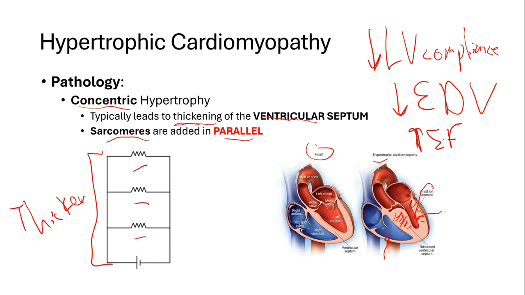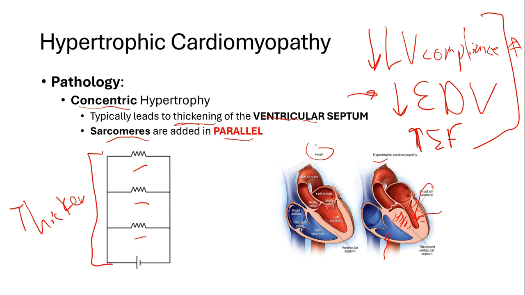That is how we get the terminology HFpEF, or heart failure with preserved ejection fraction. However, because the total volume that the heart is able to hold, because the end diastolic volume is decreased, the actual amount of blood that is ejected may still be low, and this leads to the symptoms. These three fundamental topics are extremely important to know for test day, as they sometimes like to ask you these questions.